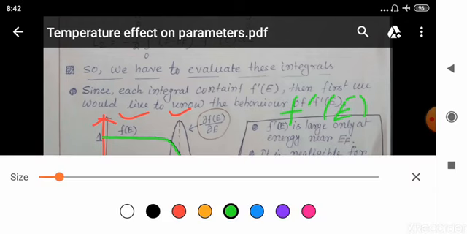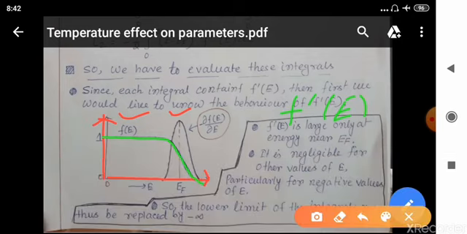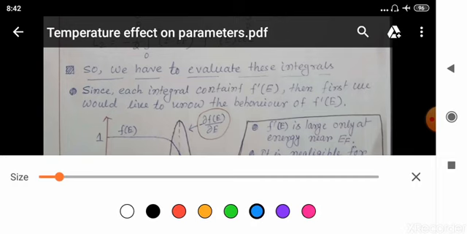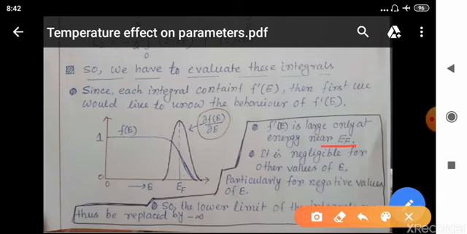If we want to draw it along the positive direction, it gives us this type of curve, and this is actually minus f prime E. This is minus f prime E, and we can observe from here that f prime E is large only at energy near EF. It has a peak value only near the energy of EF.